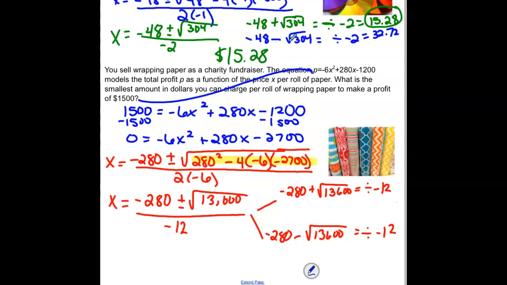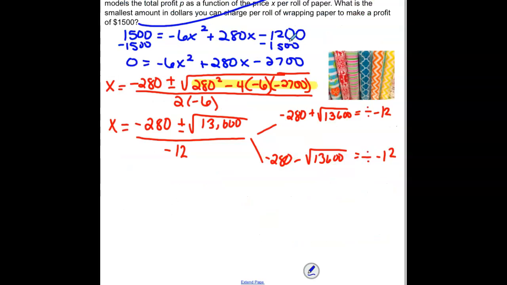Now, depending on the calculator you have, we could use some parentheses here. If we typed in negative 280 plus the square root of 13,600, there we go. If we put that all in parentheses, then we can go right to dividing by negative 12 and we don't have to hit equals.